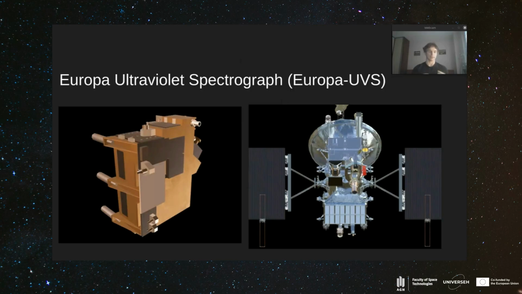It can very easily be stopped. So mostly with Europa UVS, we'll be collecting and gathering data about the atmosphere and the surface. We'll be looking at the spectral decomposition, so the elements and chemical compounds that the atmosphere and surface consist of.